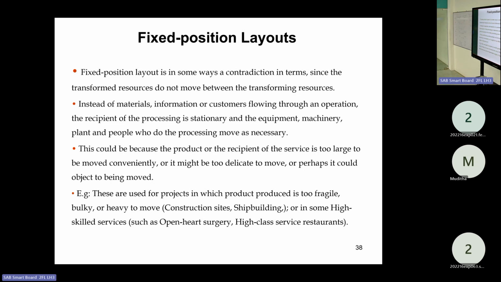All the required tools and equipments, machinery taken to the site and processed. Building construction has several phases. Piling, ground clearing, foundation, construction. So different phases, different equipments are taken to the site. And the product kept at one place. Such we call fixed position layout.